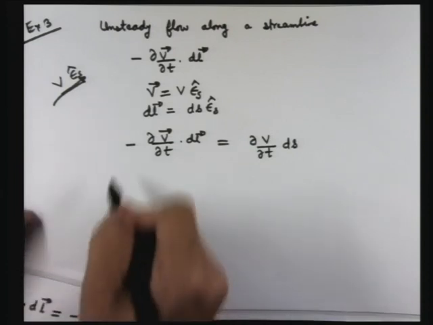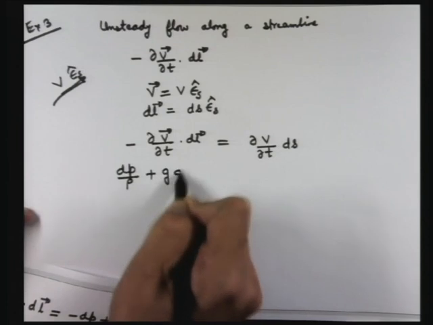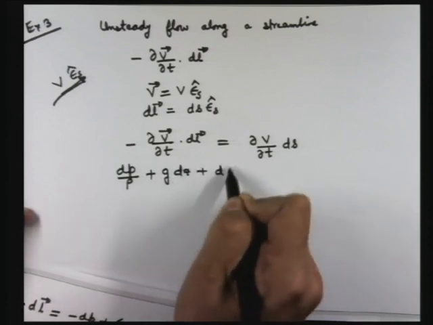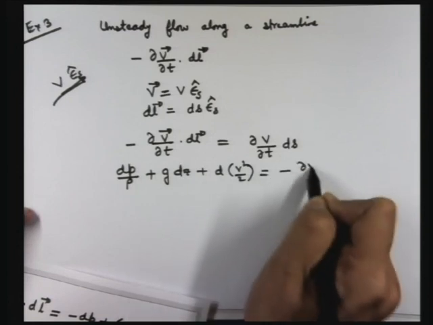So your equation becomes dp by rho plus g dz plus d of v square by 2 is equal to minus del V del T ds.